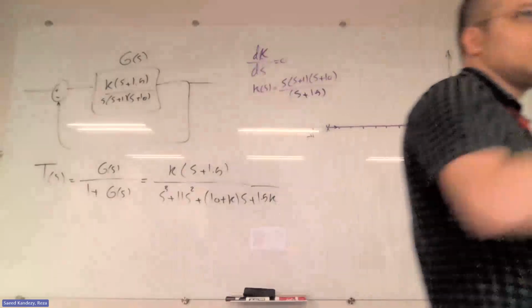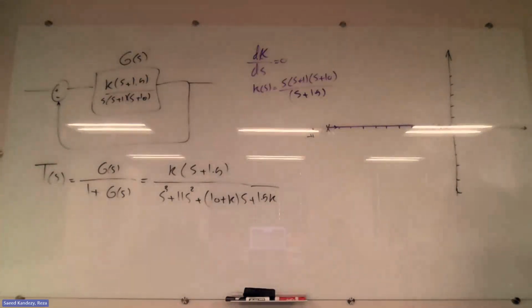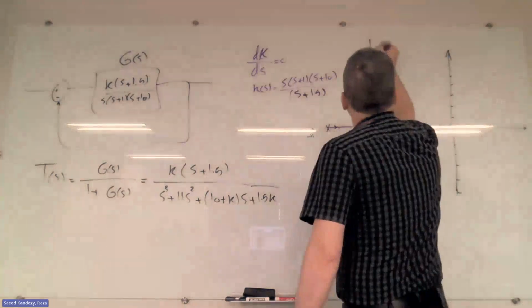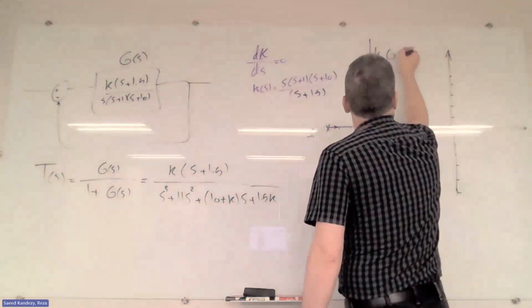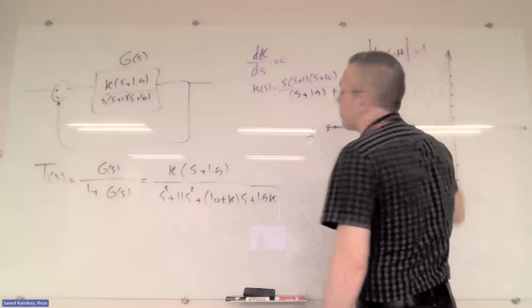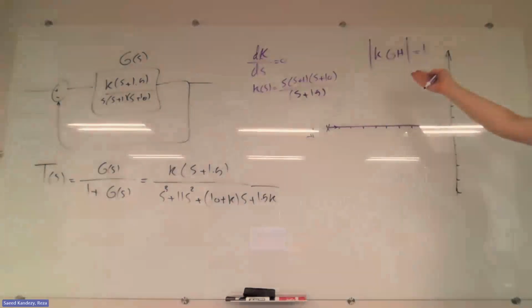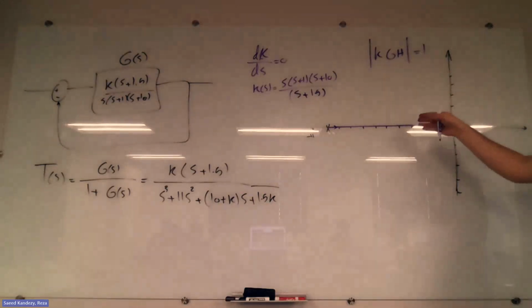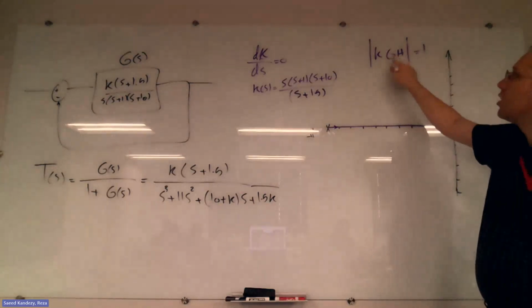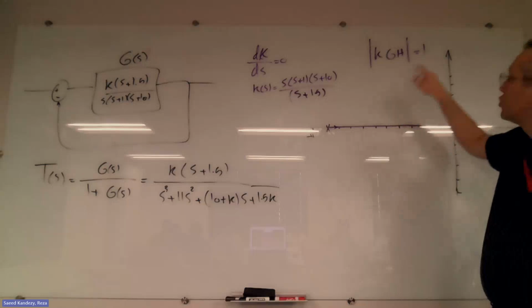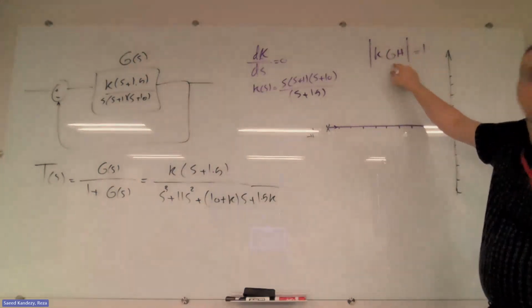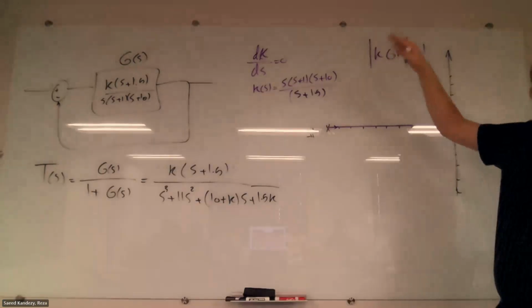You can also use the absolute value of KGH, which should be 1. Again, you can use that to find what's going to happen. For all the s values that you put here, K times G of that s should be 1. So K is going to be 1 over GH for those s values.